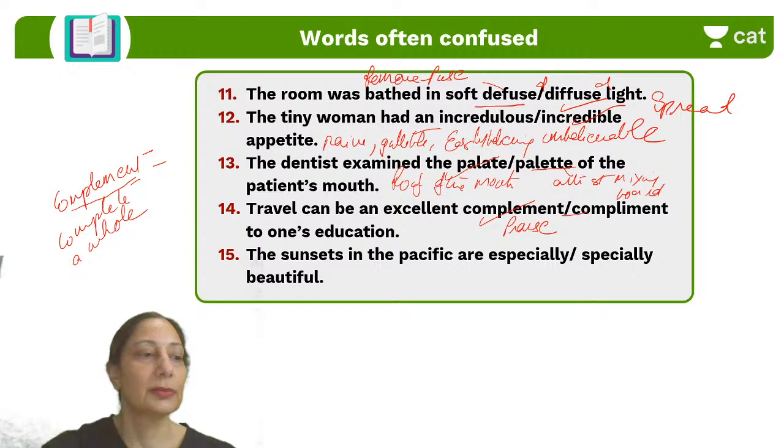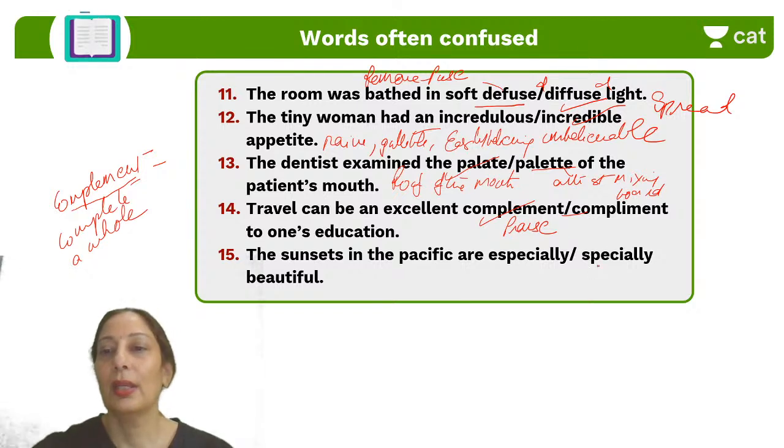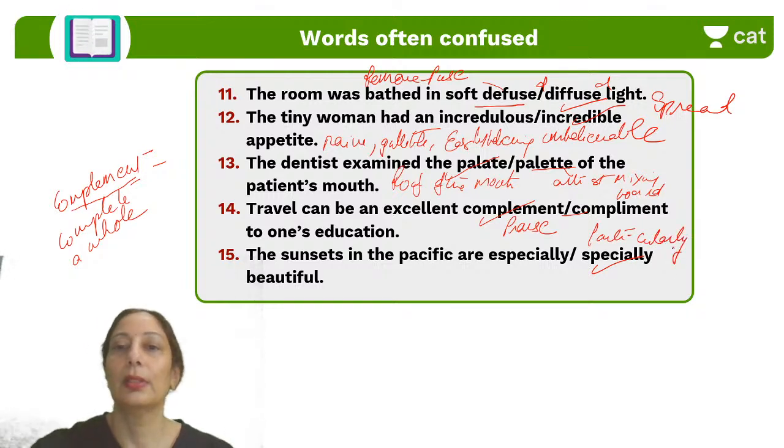Yes. The sunsets in the Pacific are specially or especially beautiful. Yes. Complementary angles. Correct, Kajal. That's a way of remembering it. Okay, the sunsets in the Pacific are especially or specially beautiful. What will be the answer? Specially. It is specially. That means particularly.